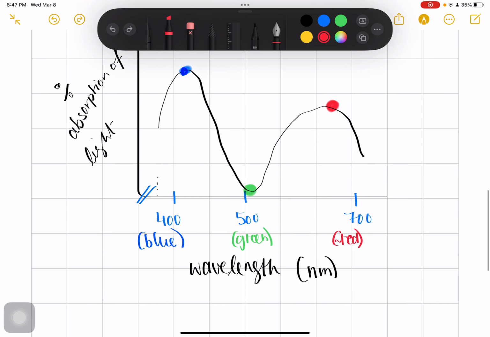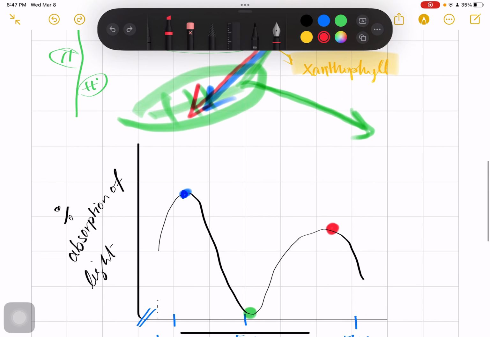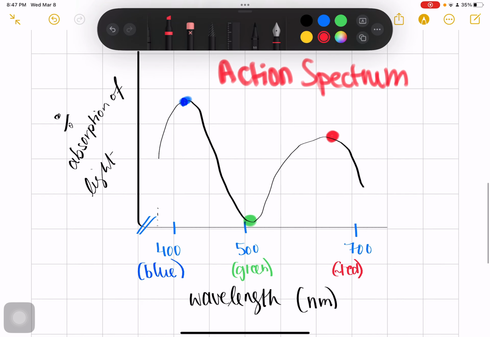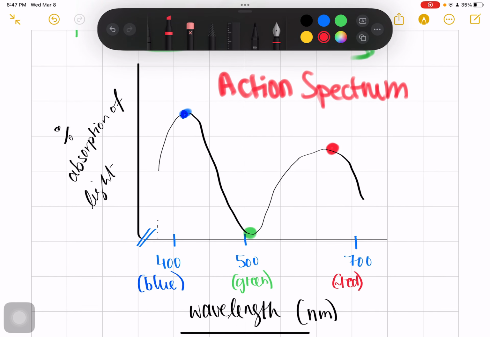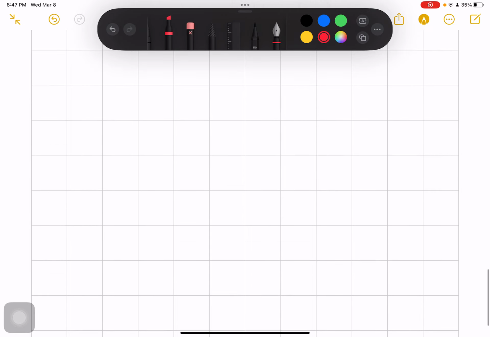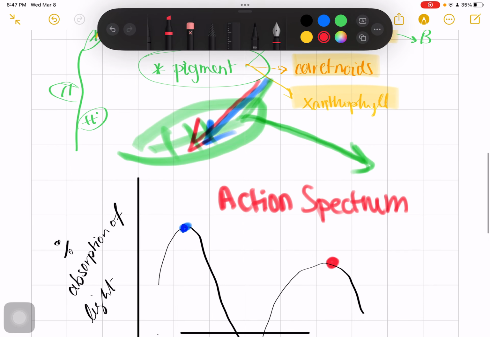Now, moving on to, let's title this the action spectrum. Feel free to take a screenshot and post it on Google. Okay. Now, moving on to, oh, I'm so sorry. That is not the action spectrum.